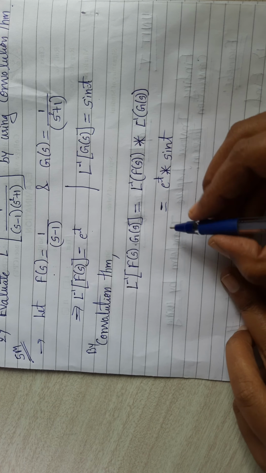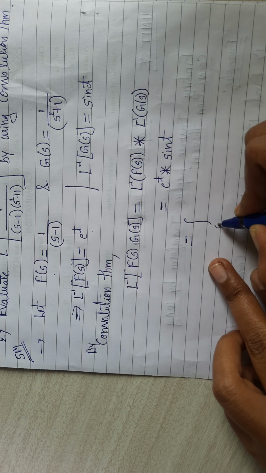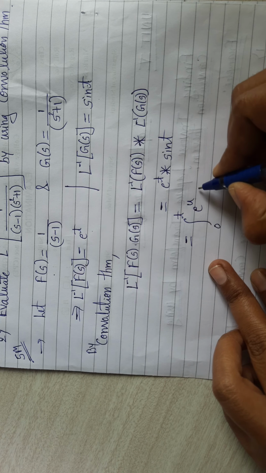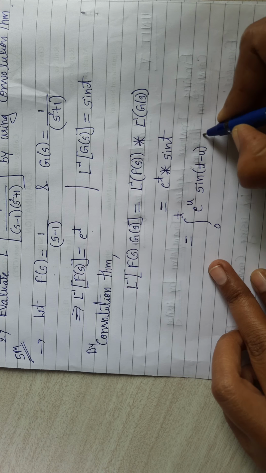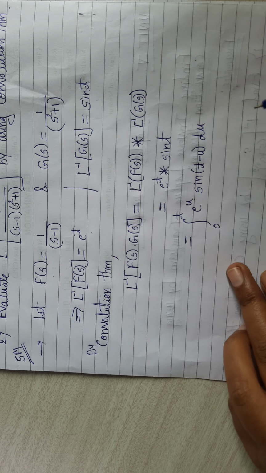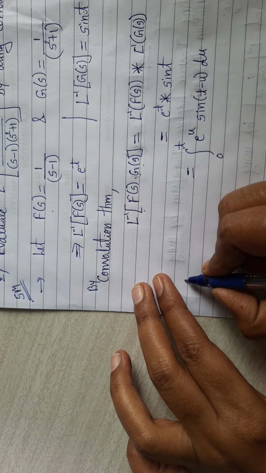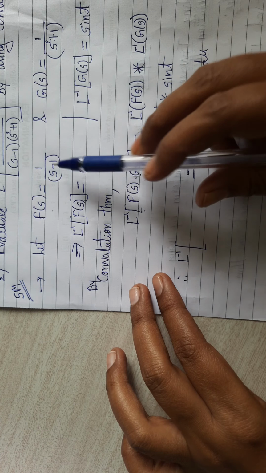Now applying convolution of two functions, this is nothing but integration from 0 to t of e to the power u into sin of t minus u du. So L inverse of f of s into g of s can be written by substituting these f of s, g of s.